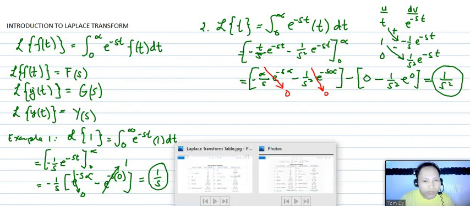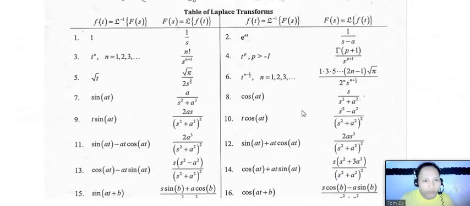If we look at the table of Laplace transform, this is our function, and its Laplace transform is F of s. If our function is 1 or any number, then its Laplace transform is the number divided by s. So if this is 1, its Laplace transform is 1 over s.